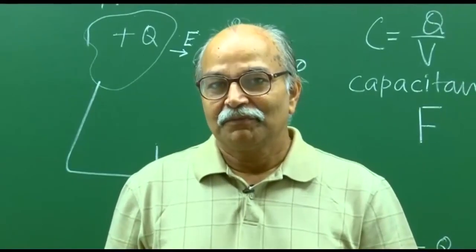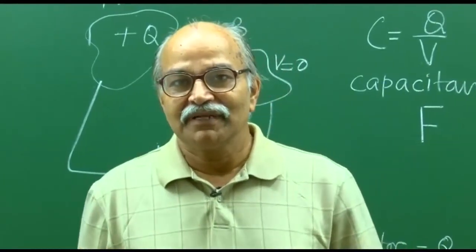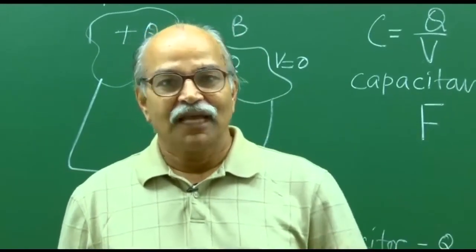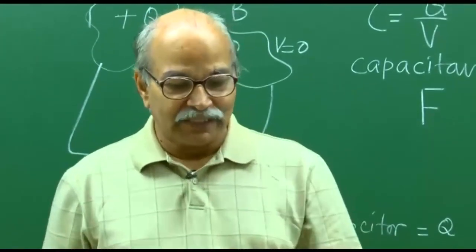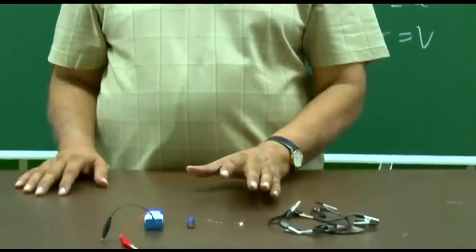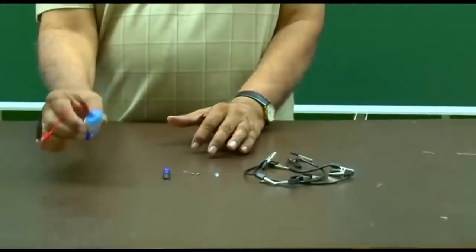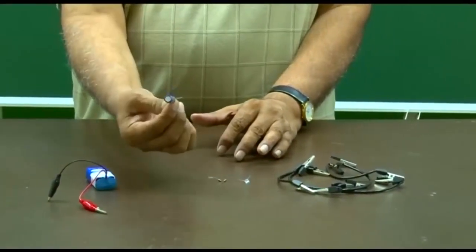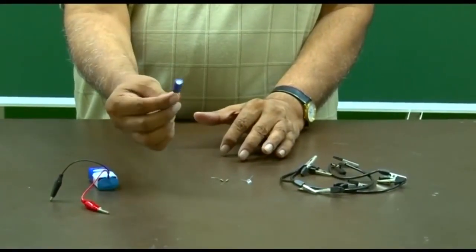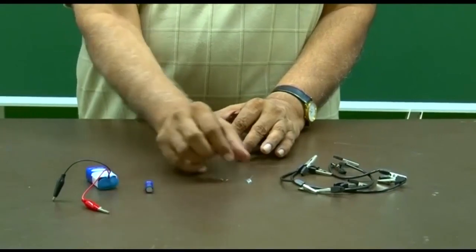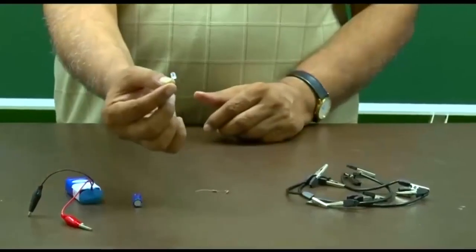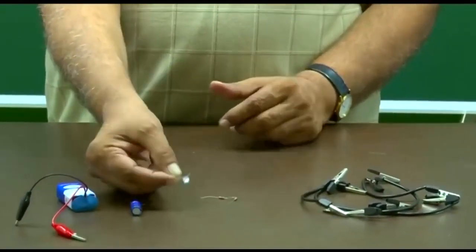There are many interesting experiments which can be done with a capacitor. I will show you one, and for that I have a 9-volt battery. This capacitor is that same 1000 microfarad capacitor. This is a red LED.